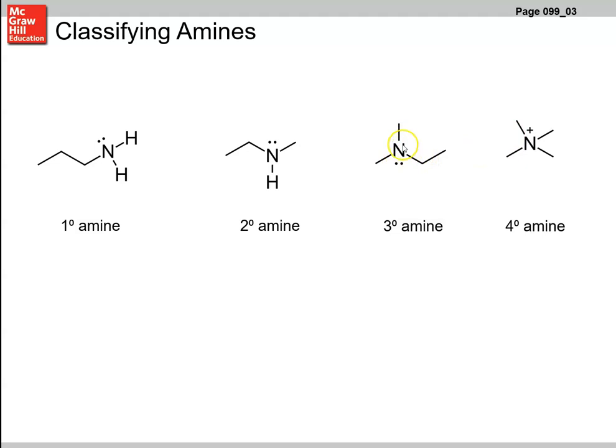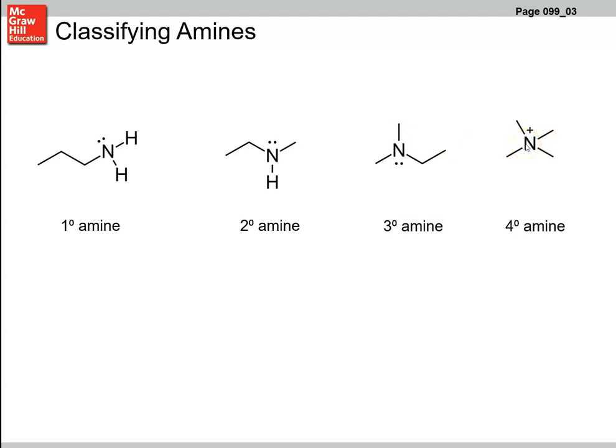Because remember, if we're looking at formal charge, nitrogen in the valence shell will typically have 5 electrons. If we look here in this tertiary amine, it's got 2 that it's not sharing, a lone pair. So that's 1, 2. There are 2 in each of these bonds, but it only gets to count 1 electron in each of those bonds. So we go 1, 2, 3, 4, 5. So 5 valence electrons, 5 bonded electrons. That gives it no charge.